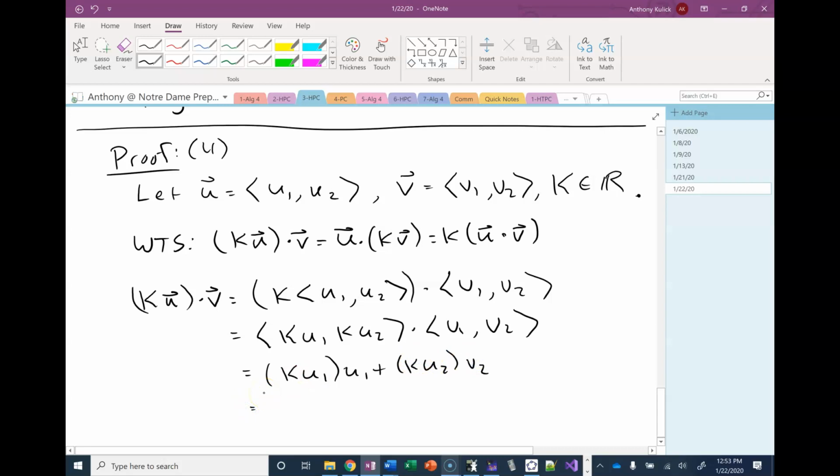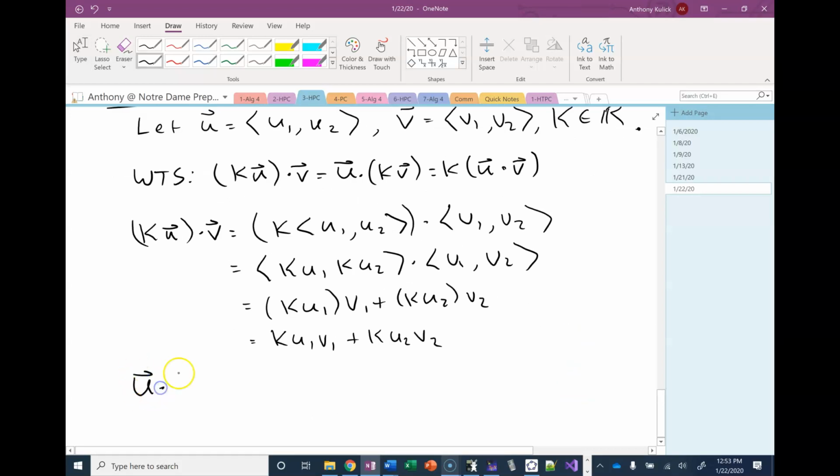And because k, u1, and v1, and k, u2, and v2 are all just real numbers, it doesn't really matter what order I do them in, so I can just drop those parentheses. Okay.